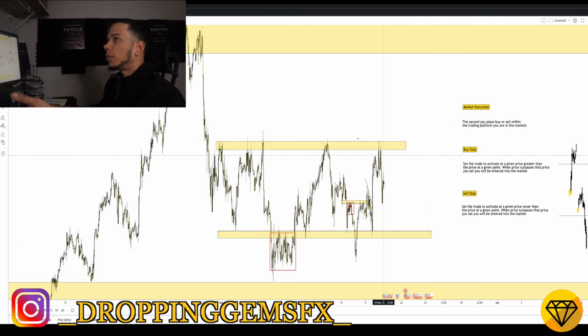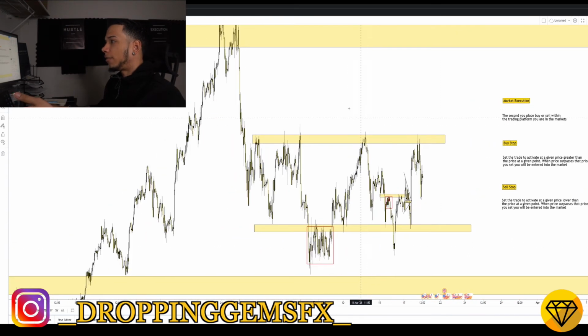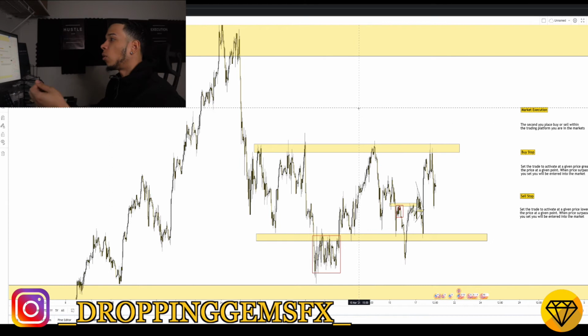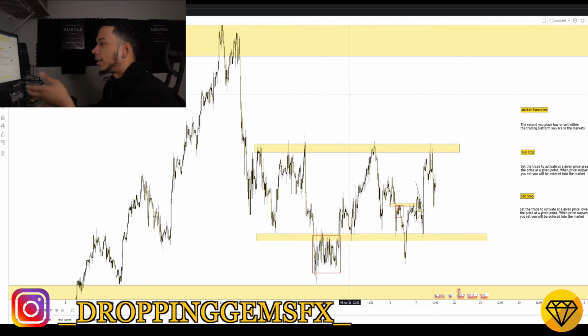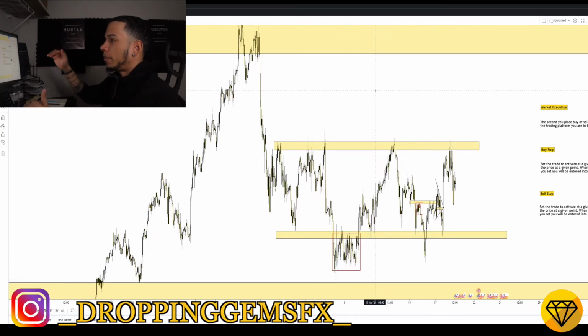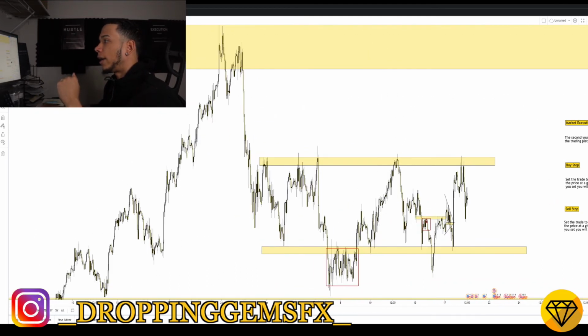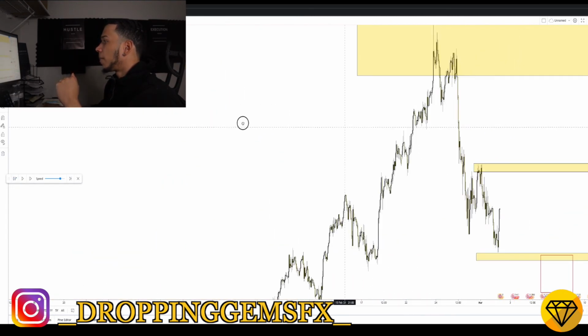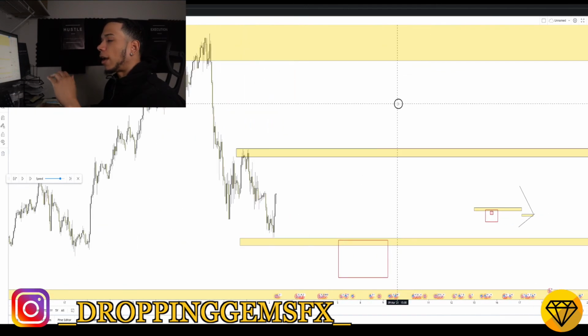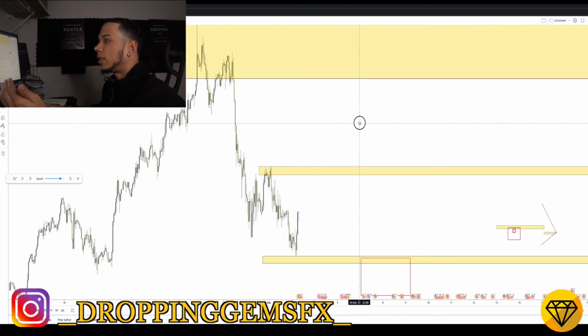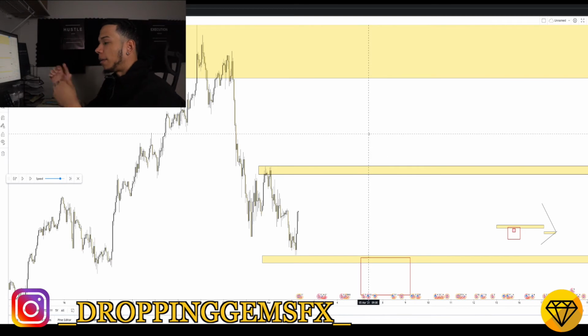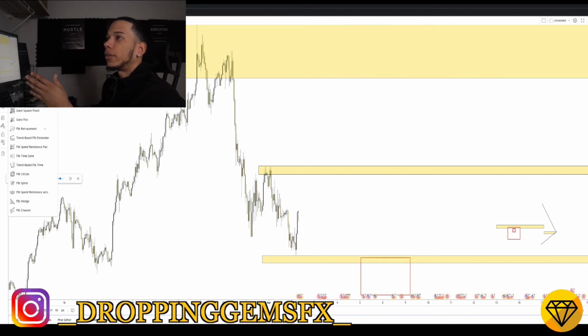So we are on GBP USD on the 1 hour time frame, okay? So I'm going to illustrate buy stop first, then sell stop, then buy limit, and sell limit, as we did over on the right, okay? So let me go ahead and rewind all of this. Okay, so you have whatever type of analysis in the past, but let's say, for hypothetical reasons, you know that price is going to go ahead and fill this area over here, right?